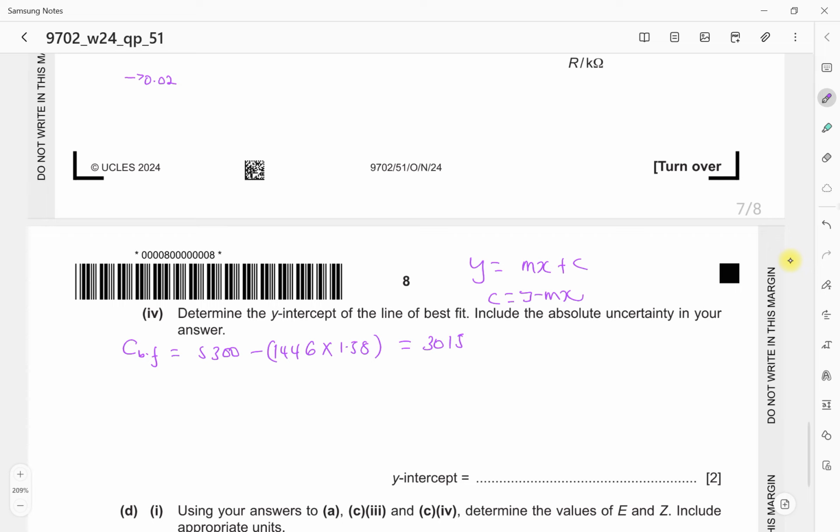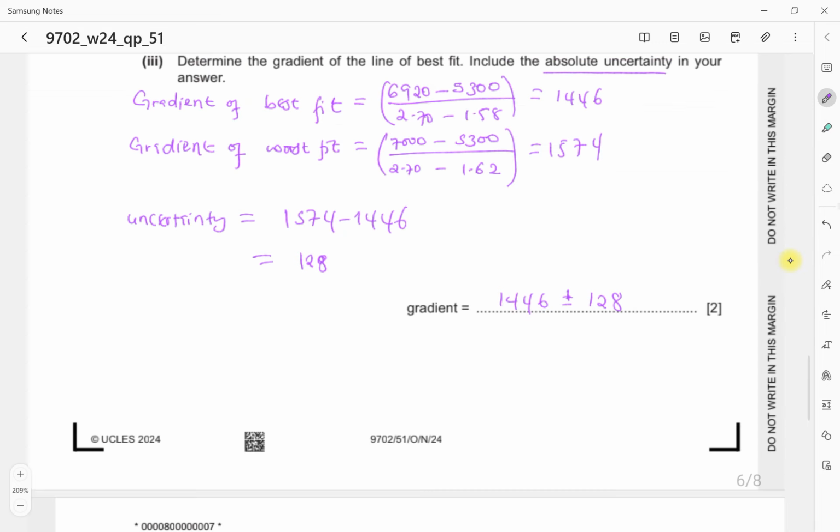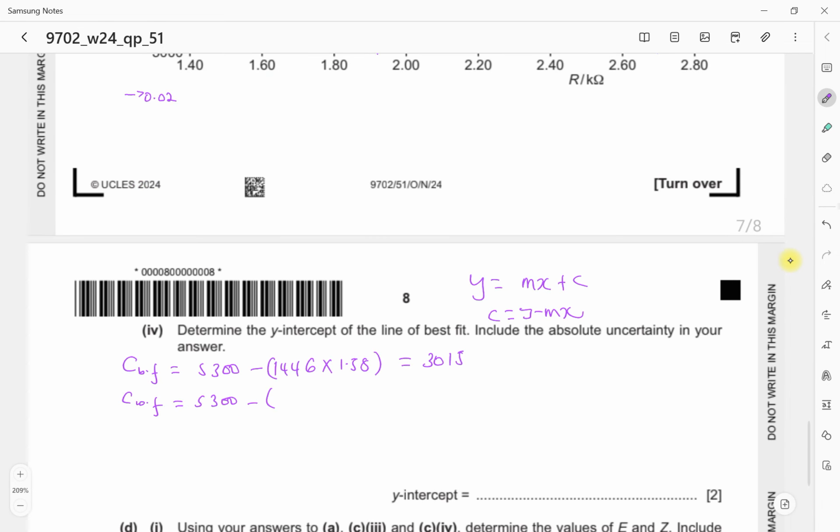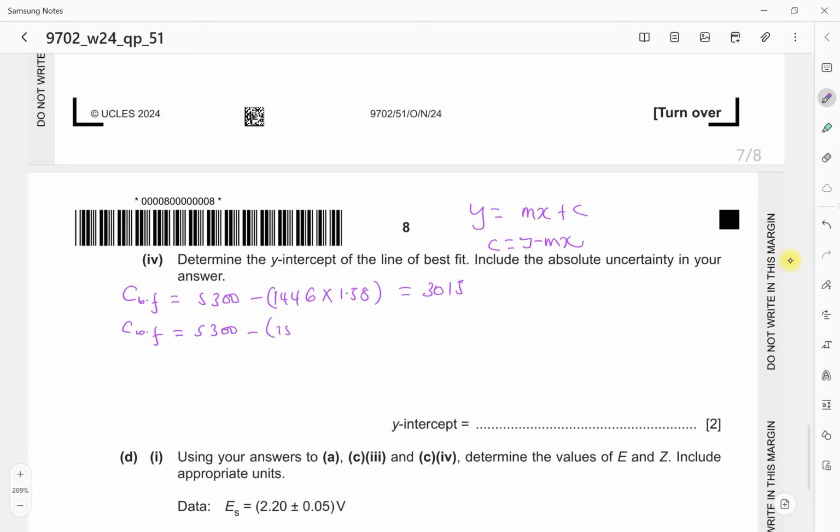Then I will get c for the worst fit. I will use the pair of values that I used for finding the gradient of the worst fit. The y value was also 5,300 minus the gradient of the worst fit, 1574, times the x value, which is 1.62.